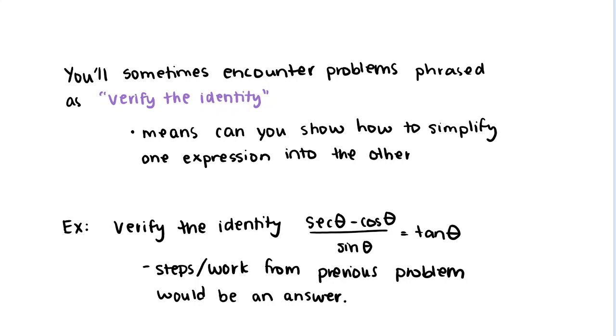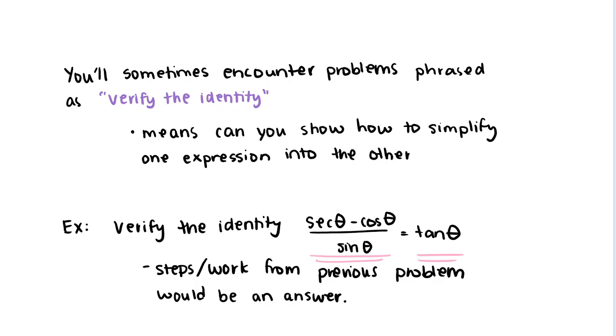So, for example, the previous problem that we did can be restated as verify the identity that secant of theta minus cosine of theta all divided by sine of theta is equal to tangent of theta. So really they give you the two expressions. They want you to start with one and see if you can manipulate it into the other.